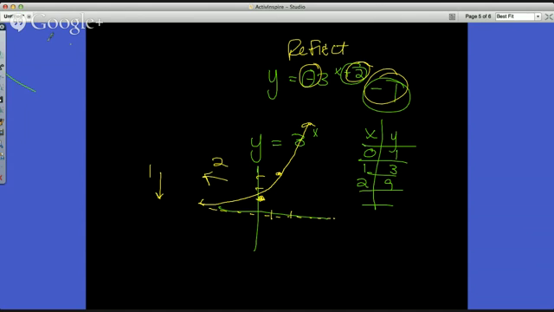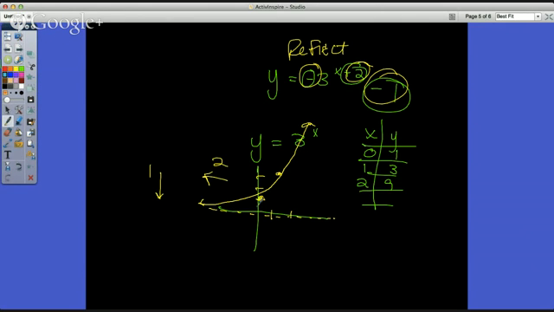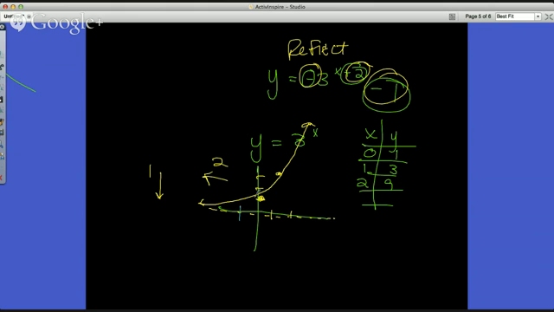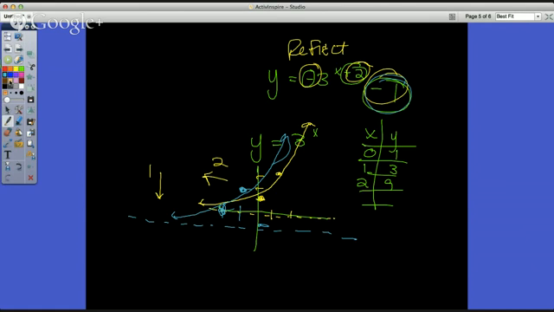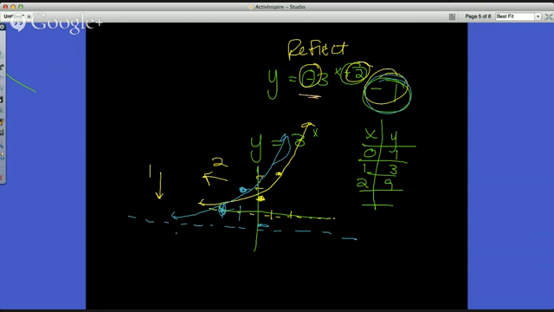This point will go left 2, down 1, and this asymptote just went down 1 because of that -1. But it's not this blue line. Why? Because of the negative right here, it's reflected. So if we reflect it over on itself, we should have it about right in here. Okay?